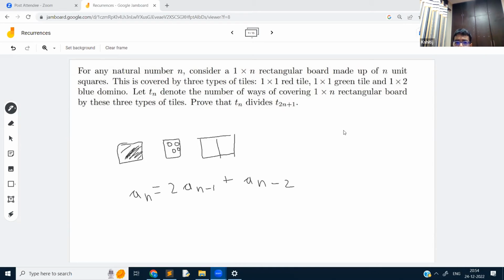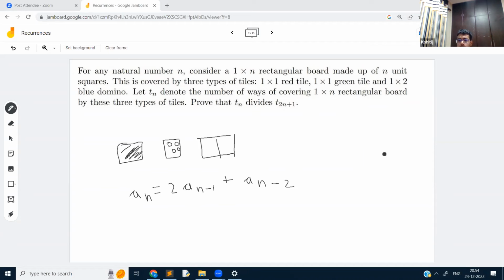So basically, he is saying that for En, if the kth and k plus 1 square are covered by different tiles, we can just do ak into an minus k.